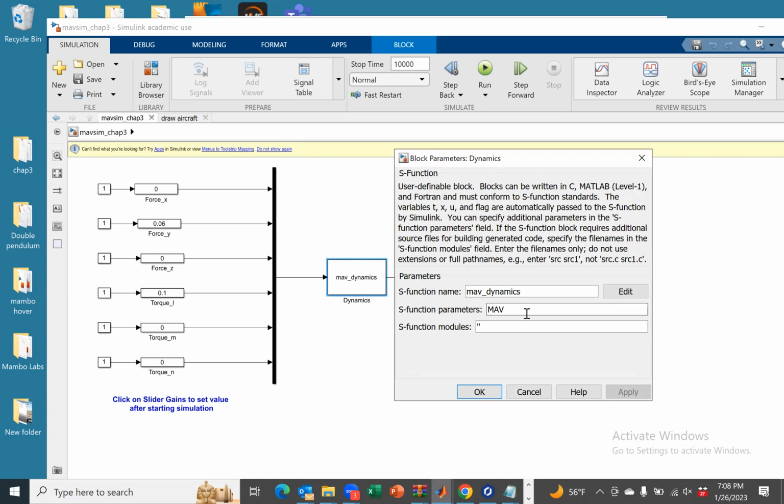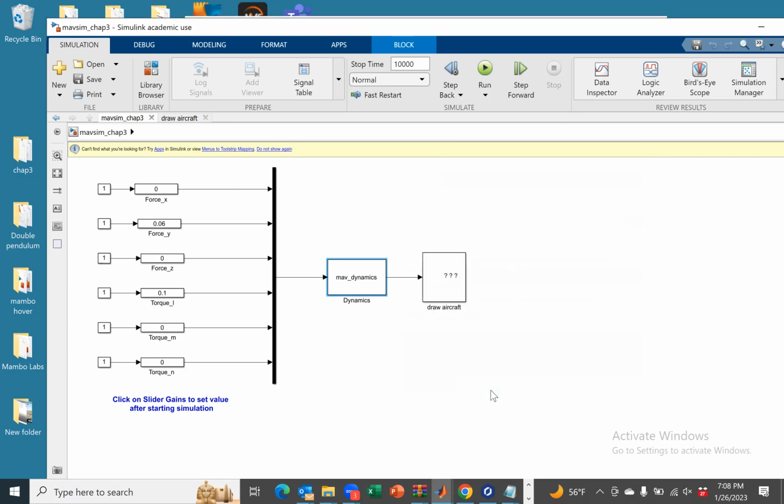Those MAV parameters correspond to micro air vehicle parameters that are used for computation of inertia parameters. So if you look at this S function parameters, MAV is where all the J values are stored. Any question about this Simulink code?